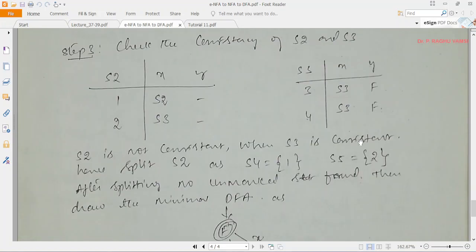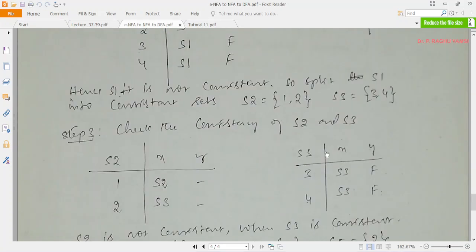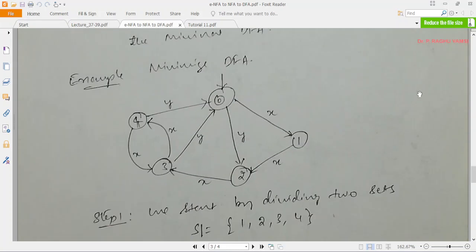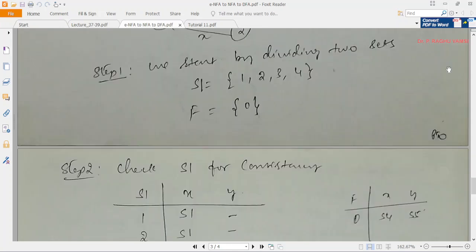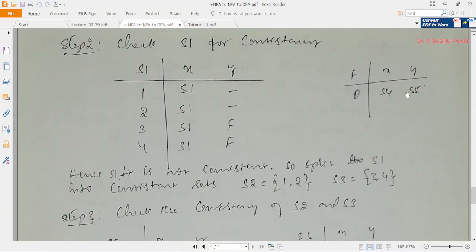Currently 1 is in which set? S4. So on 0, if X is provided as input, it results into S4. On 0, if Y is provided as input, it results into state 2, and this 2 is available in S5. So that is the reason we make it S5.